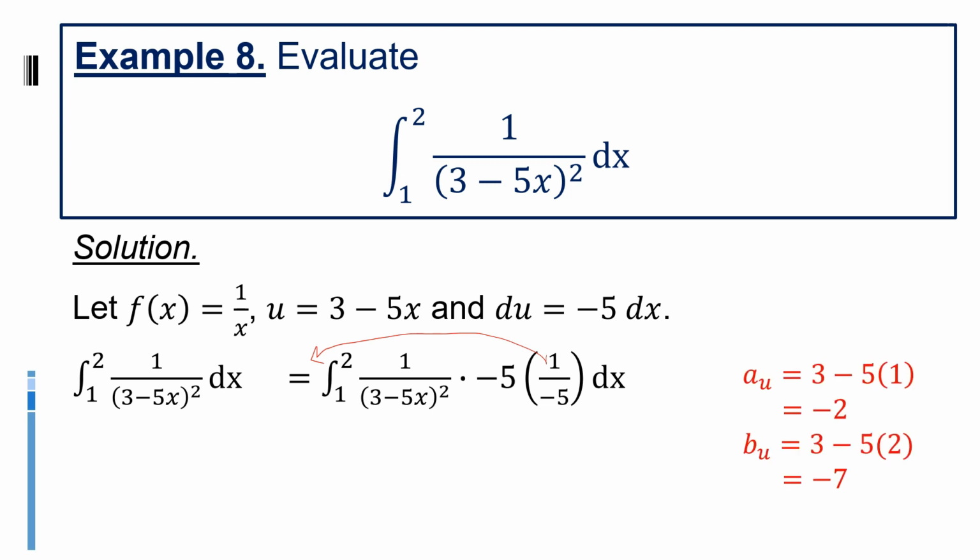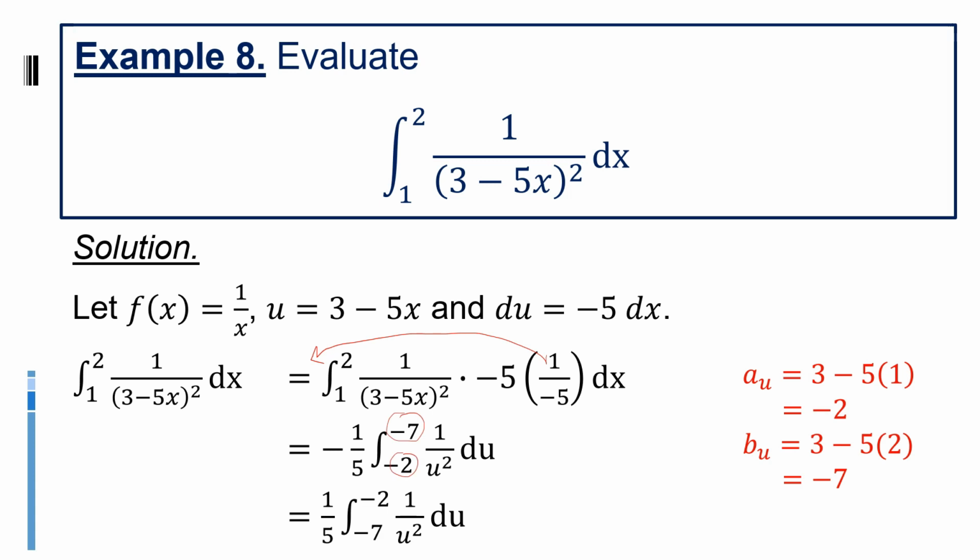And then, changing our limits, so we have the lower limit now is equal to 3 minus 5 times 1, or that is negative 2. And the upper limit now is 3 minus 5 times 2, or negative 7. So, we now have negative 1 over 5 times the integral from negative 2 to negative 7 of 1 over u squared du.